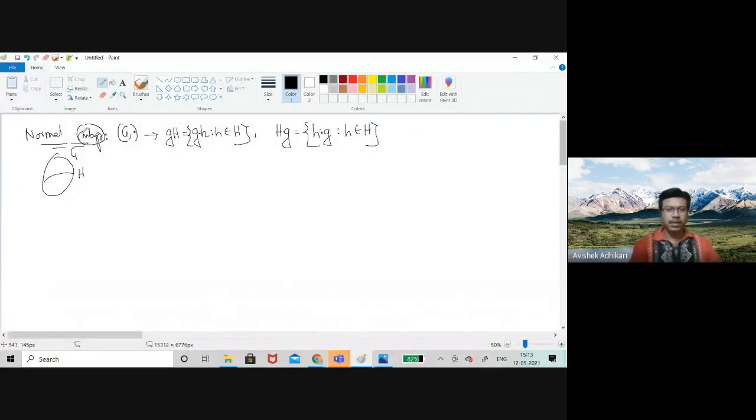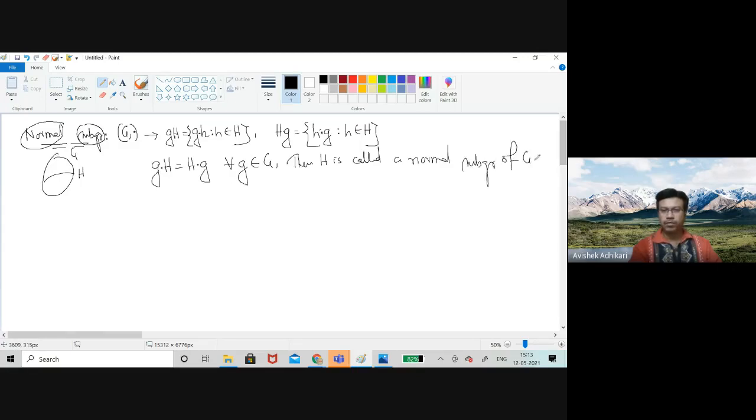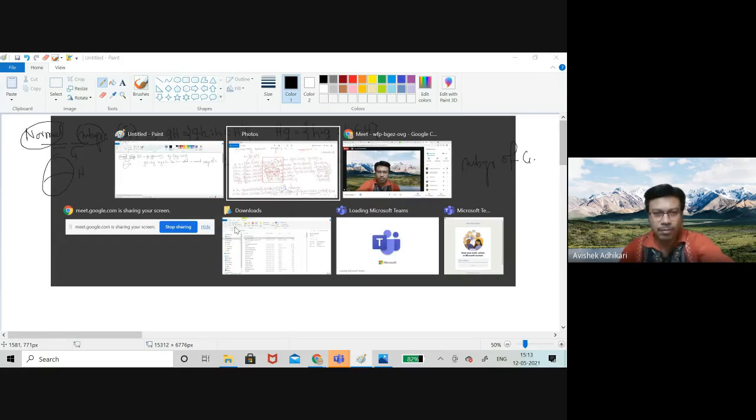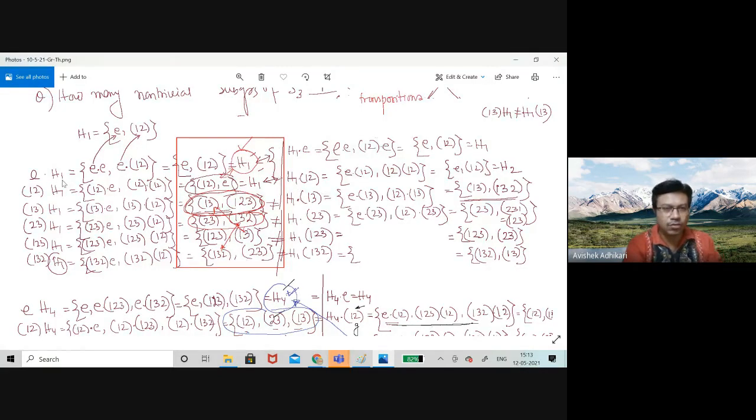Now, what is the importance of normal? Normal means that if gH equals Hg for all g belonging to G, then we call H a normal subgroup of G. In the case of H1, which is E and (1 2), this property is not satisfied.